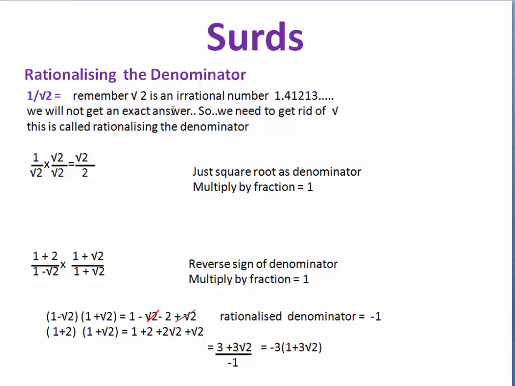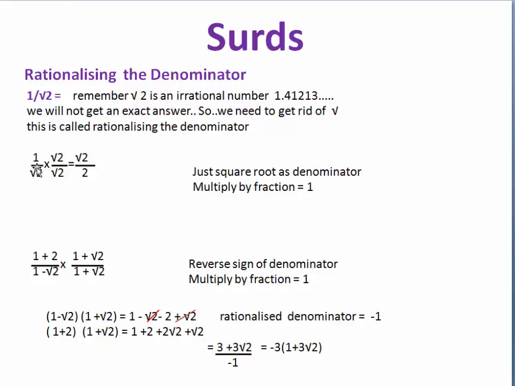And we need an exact answer, so as mathematicians, we need to get rid of this square root of 2 under this division sign, get rid of square root of 2 as the denominator. So we need to rationalize the denominator, and we do this in this fashion.